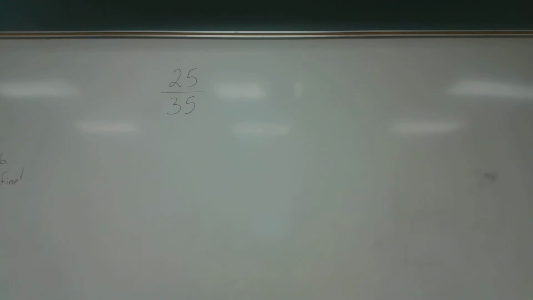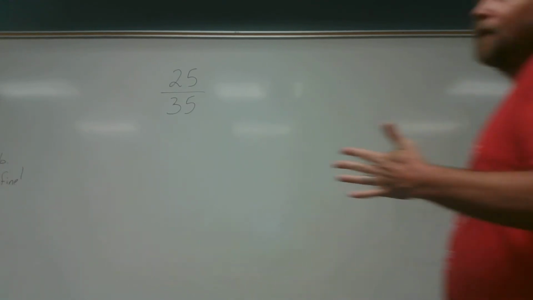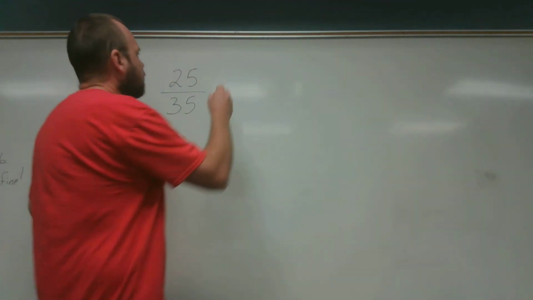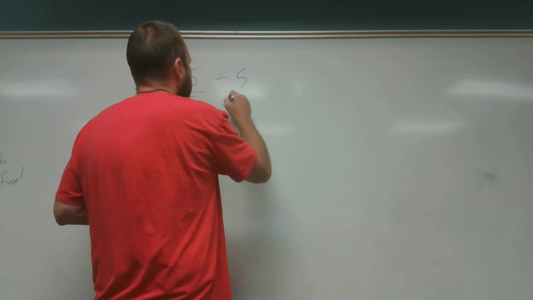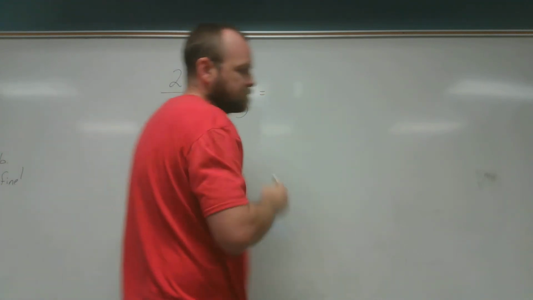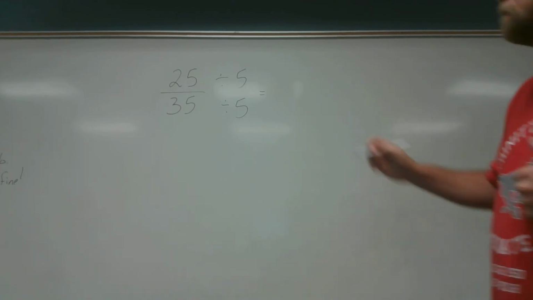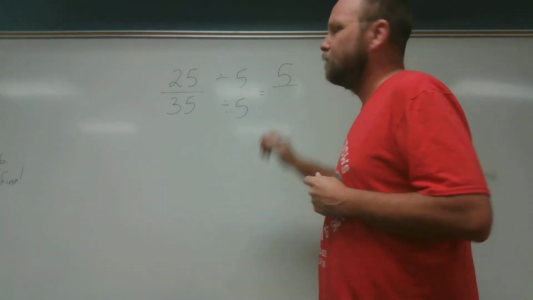Our divisibility rules: any number that ends in 0 or 5, 5 is a factor of it. Some of you left it as 25/35. Jason, what is 25 divided by 5? 5. Jason, what is 35 divided by 5?